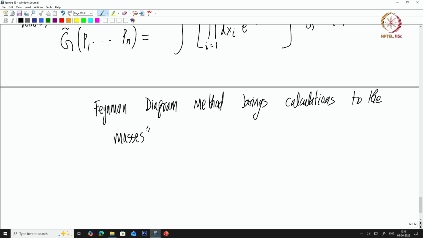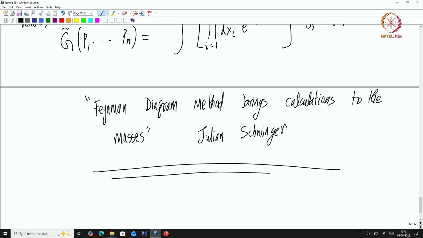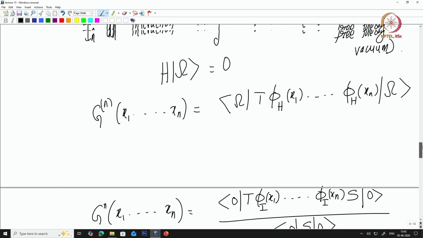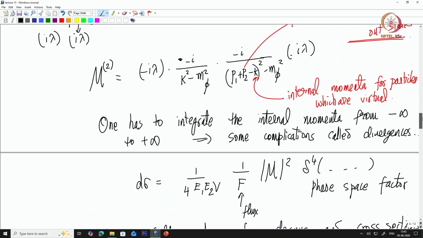This is a very famous quote by Julian Schwinger, who used a completely different approach to calculate the amplitudes. So the Feynman diagram approach makes life much easier in computing these things.